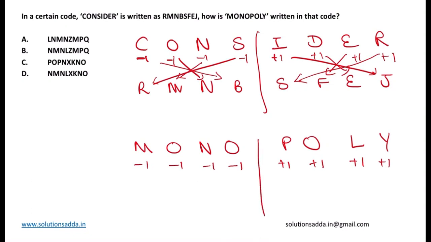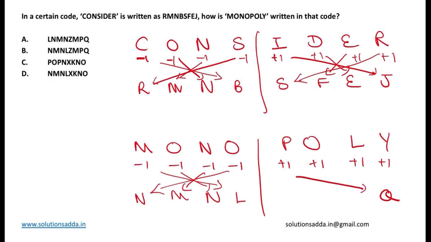So M minus 1 will give us L, O minus 1 will give us N, N minus 1 will give us M, and O minus 1 will give us N. Similarly, P plus 1 will give us Q, O plus 1 will give us P, L plus 1 will give us M, and Y plus 1 will give us Z. Therefore, the correct answer is N, M, N, L, Z, M, P, Q. So option B satisfies this. Hence, the correct answer is option B.